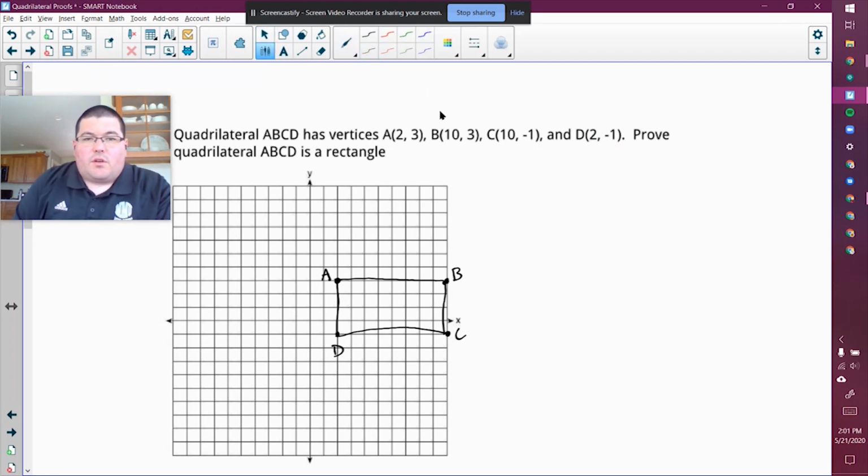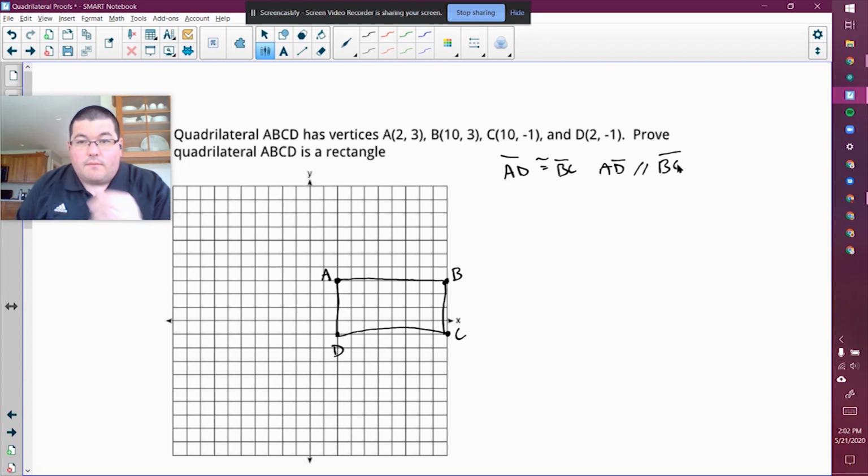What are the things that we're going to need to prove? Well, we need to still prove that the opposite sides are congruent, right? We need to prove that the opposite sides are parallel still. So AD still has to be parallel to BC.